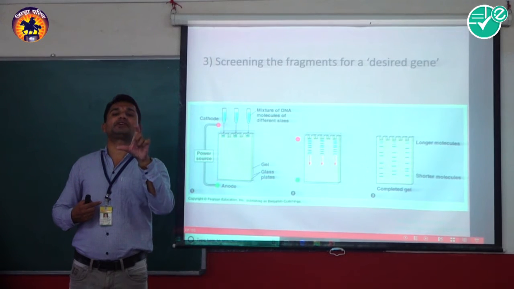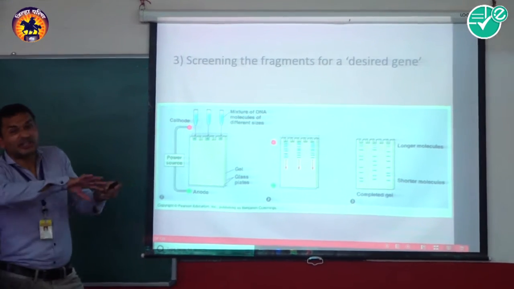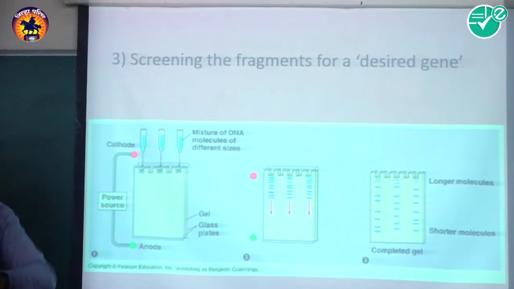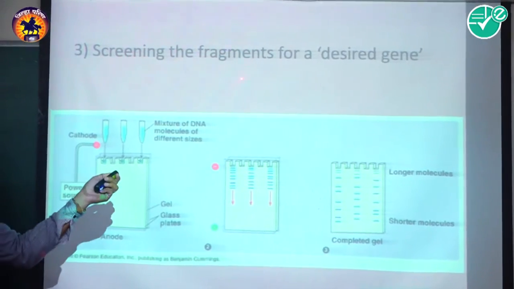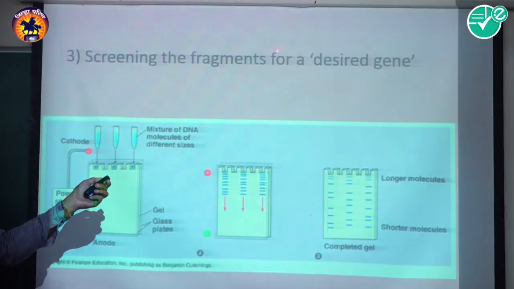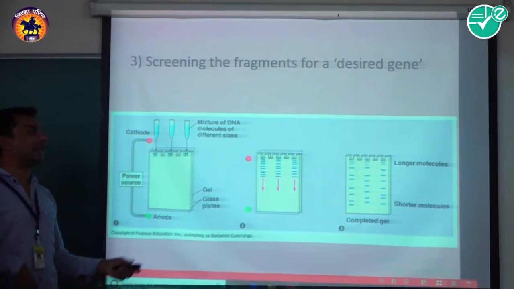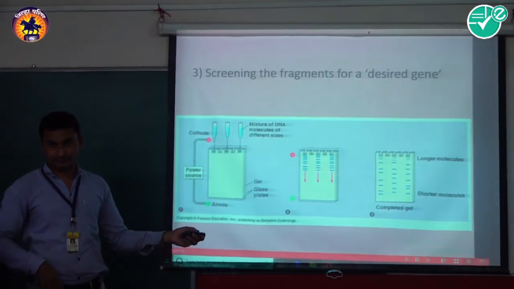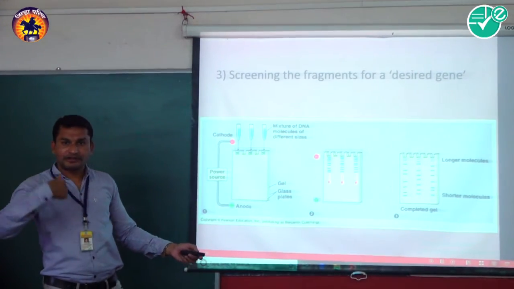These are specific desired genes. So we first have to do the screening, means we have to search out of these fragments which is our desired one, and this is done by using the gel electrophoresis methodology. Now after screening we have got our desired gene.